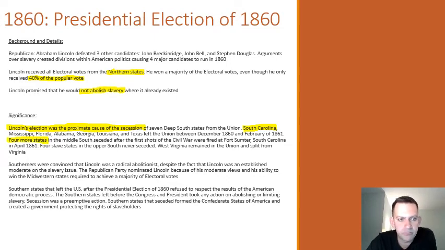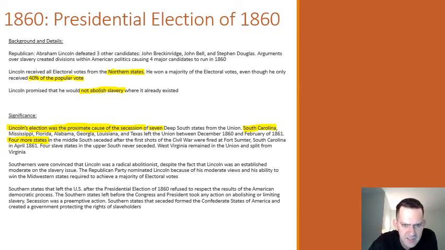So, after the election of Abraham Lincoln, 7 states secede. After the war starts, 4 more leave. So how many states did the Confederate States of America, or the Confederacy, consist of during the Civil War? It was a total of 11.